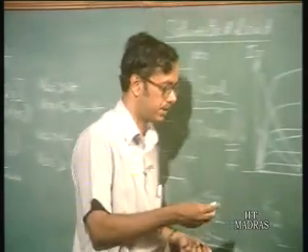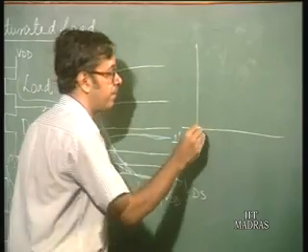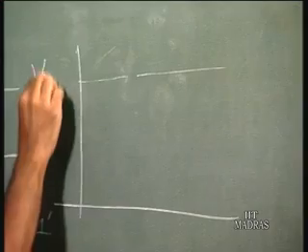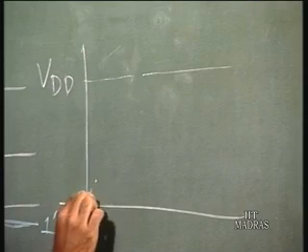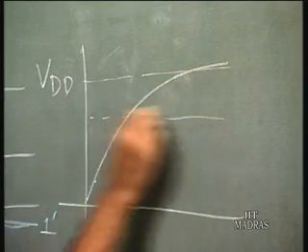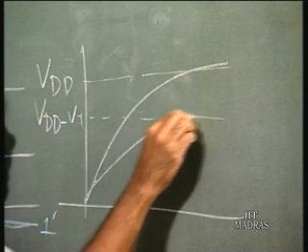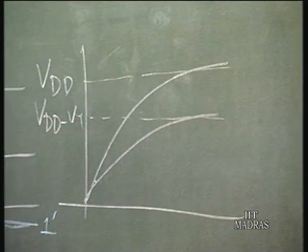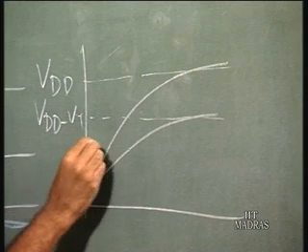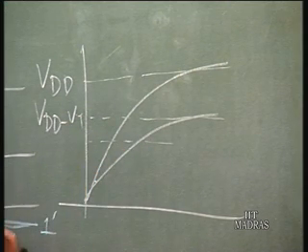VDD. Say, for example, if you have a circuit where the output voltage charges to VDD, the output voltage goes up like this, and if the output voltage charges to VDD minus VT, it will go up like this. Say the logic threshold is somewhere here, above which you are going to say it is logic 1.